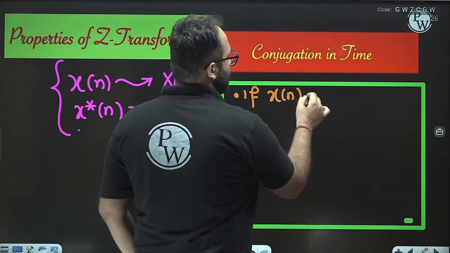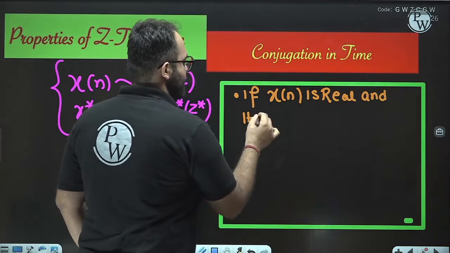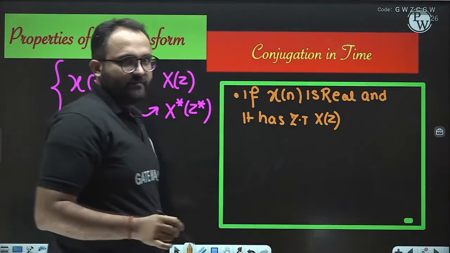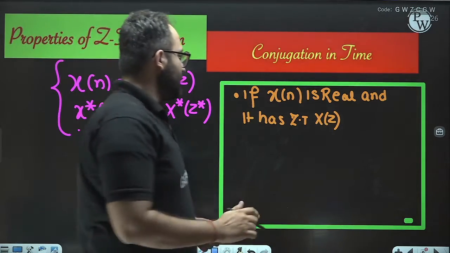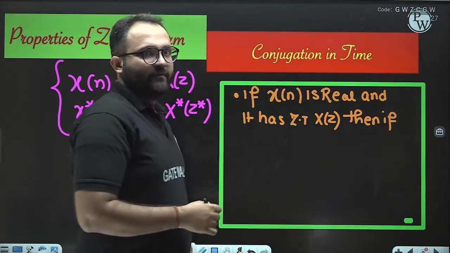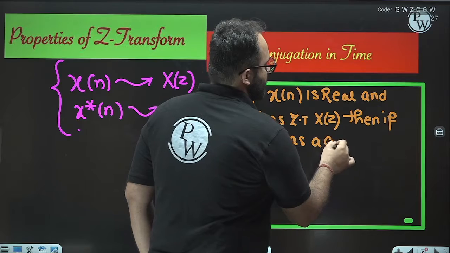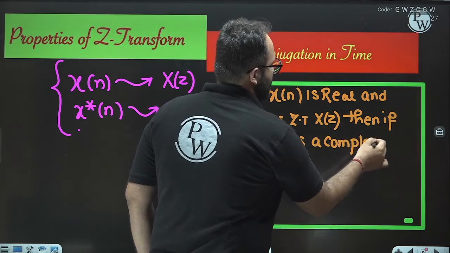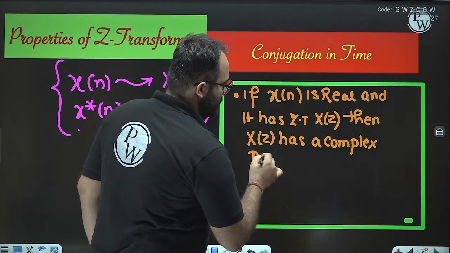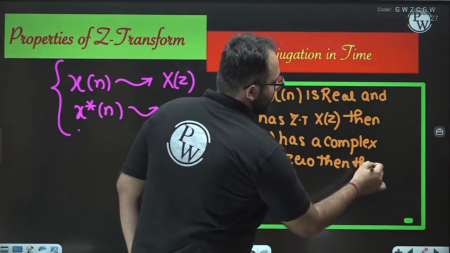If x[n] is real, meaning the signal is real, and it has Z transform X(z), then if X(z) has a complex pole or zero, they exist in conjugate pairs only.